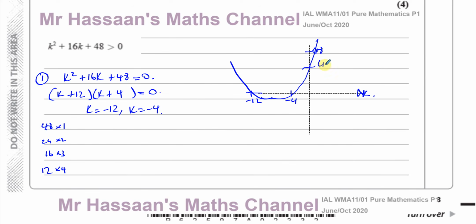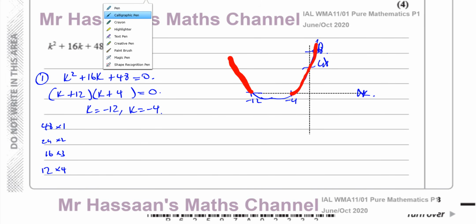This is like the discriminant axis. So you can see that k squared plus 16k plus 48 is greater than 0 when it's above the k-axis. It'll give you positive values when it's in this region over here and this region over here.